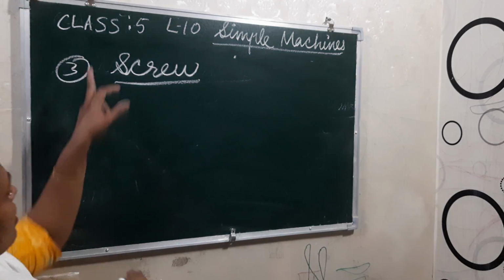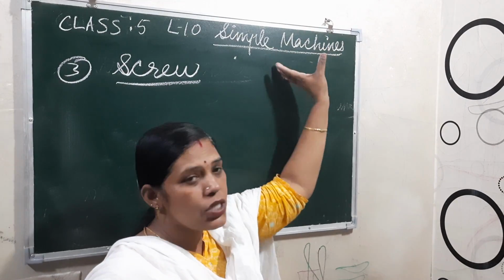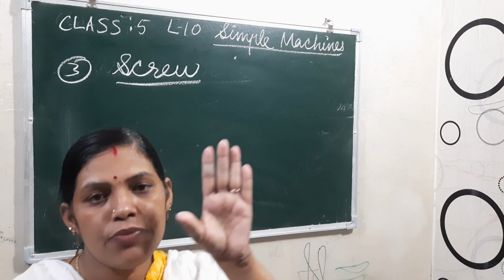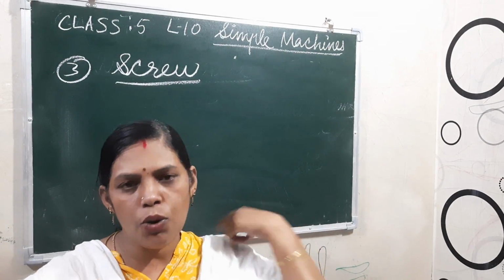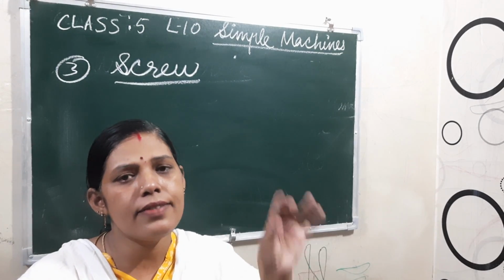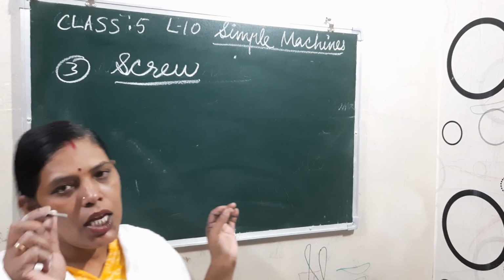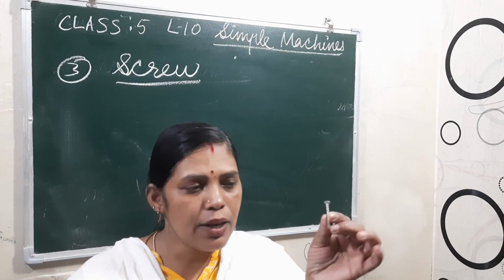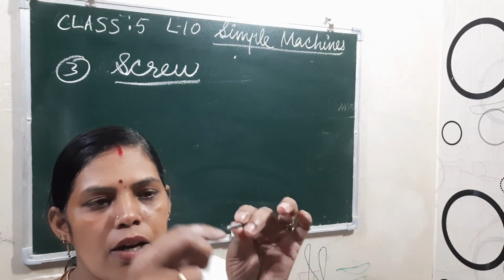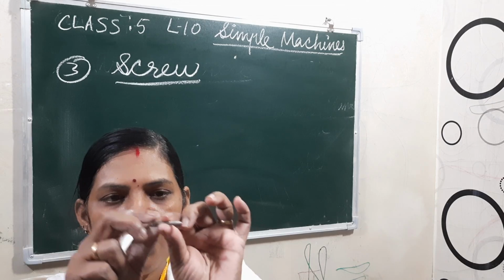See here, on this blackboard also, you can see things attached with screws. The electricity meter board and your switchboard are held on the wall with the help of screws. Here you can see the spiral rings, so that it grips like this.